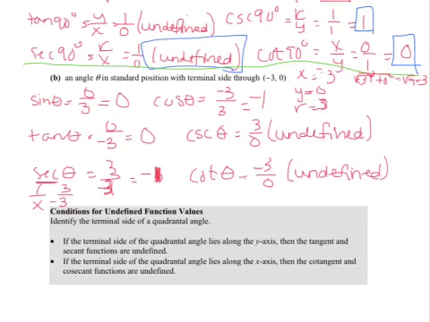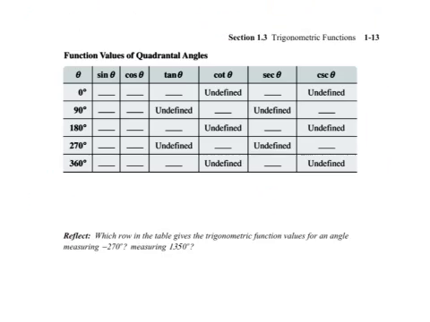If we go down to our next page, then that one's just really filling the blanks here. So you can even plug these into your calculators to find these values, but sine of 0 is 0, cosine of 0 is 1, tangent of 0 is 0, cotangent of 0 is undefined, secant of 0 is 1, and cosecant of 0 is undefined.